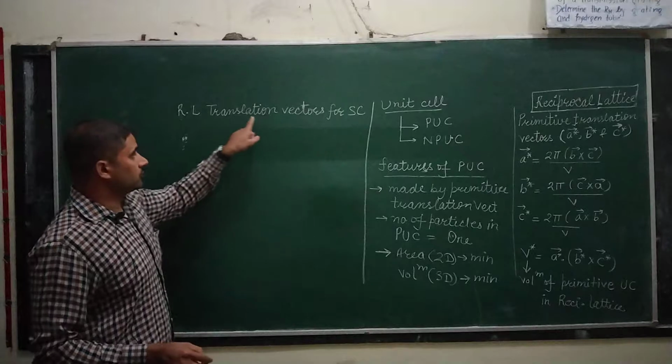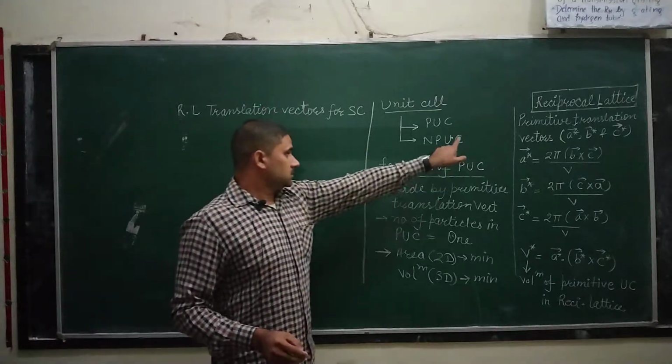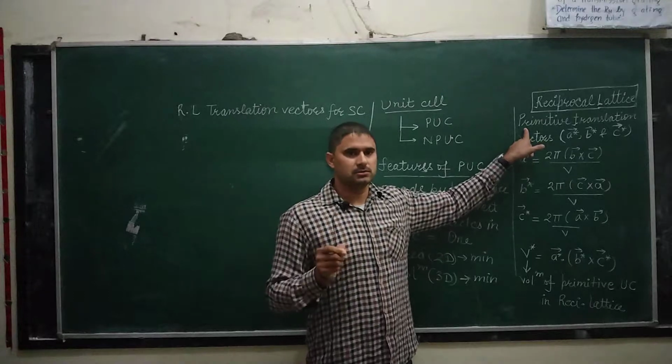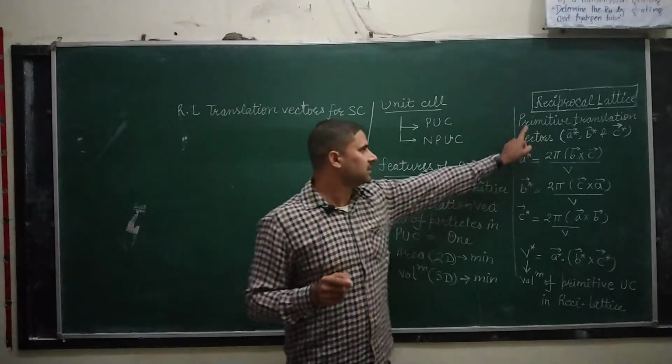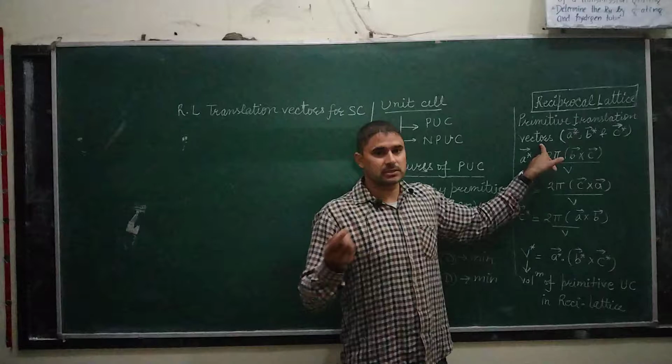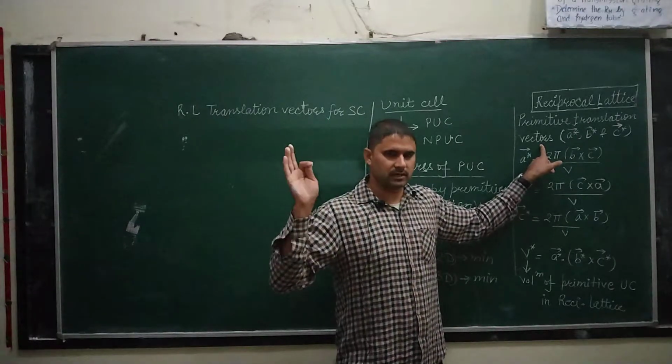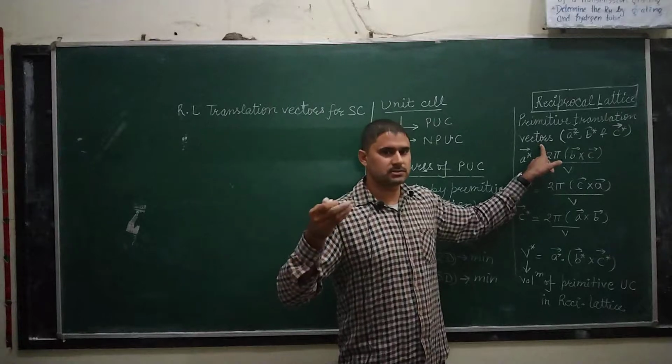Now you know that primitive translation vectors are unique, and simple translation vectors can be made an infinite number of times for a given lattice structure.